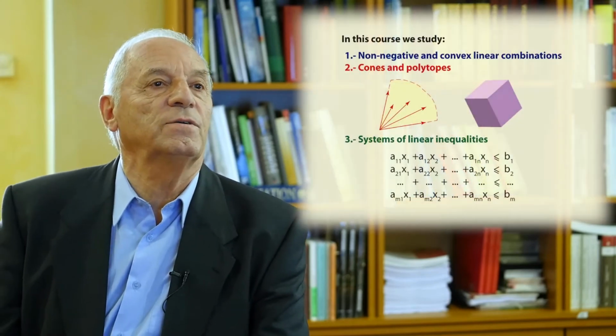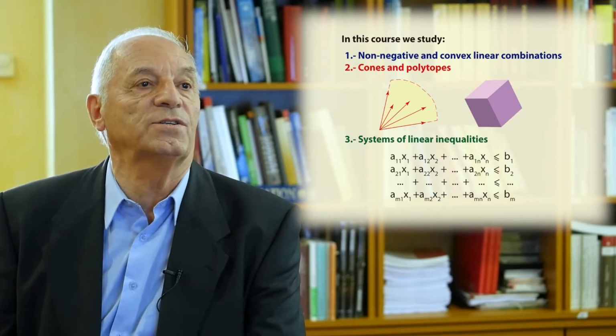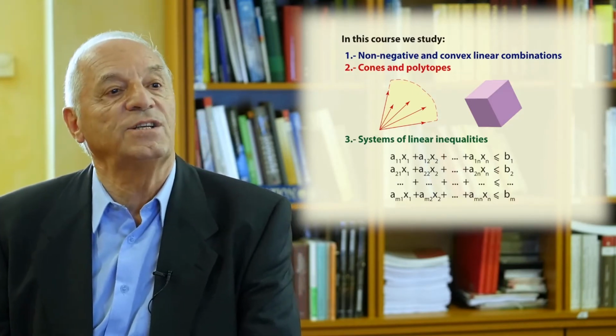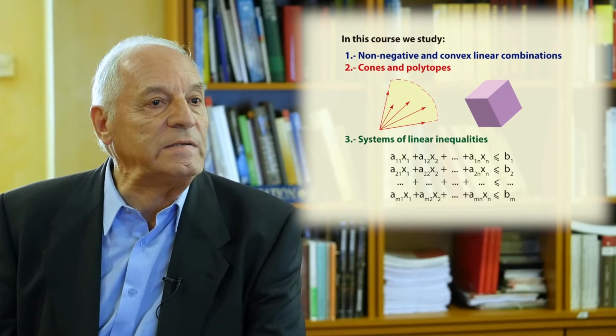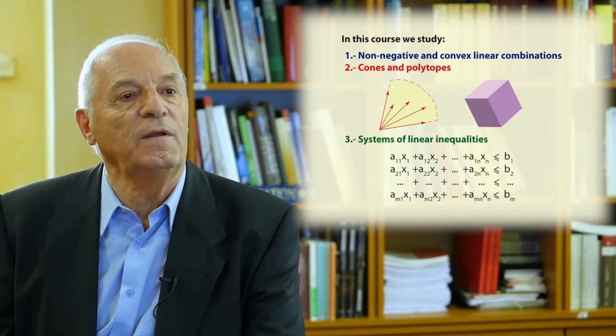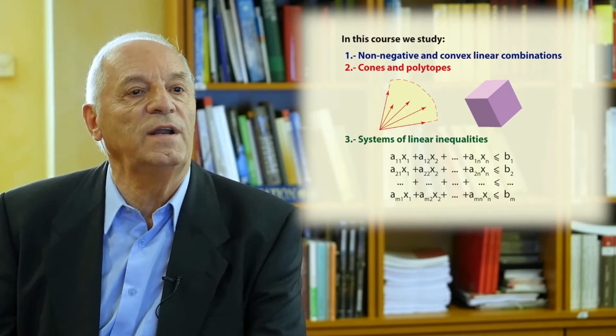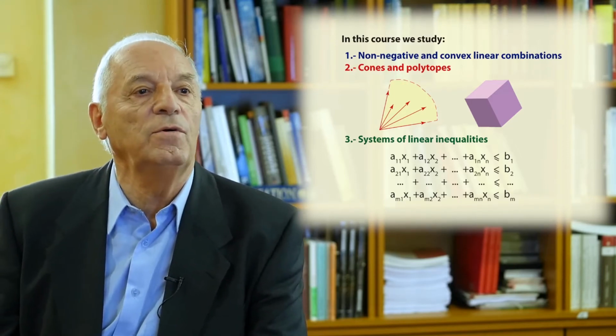In this course, we study non-negative and convex linear combinations, that is, cones and polytopes, and systems of linear inequalities. I think that it is difficult to find how to solve systems of linear inequalities, so I invite you to see how to do it.